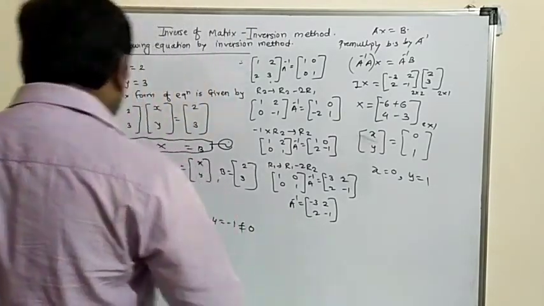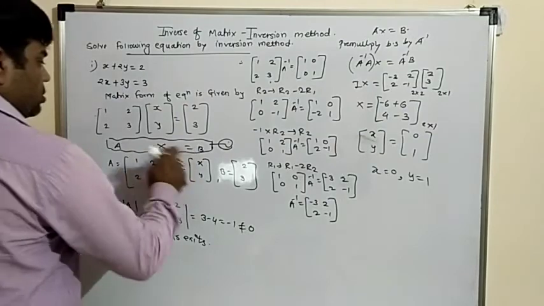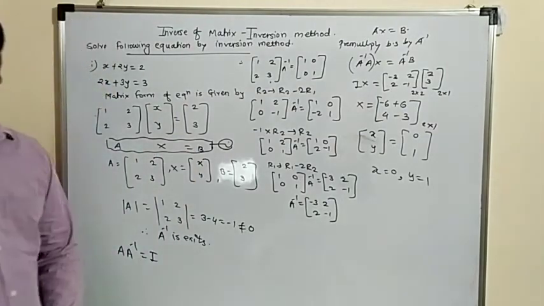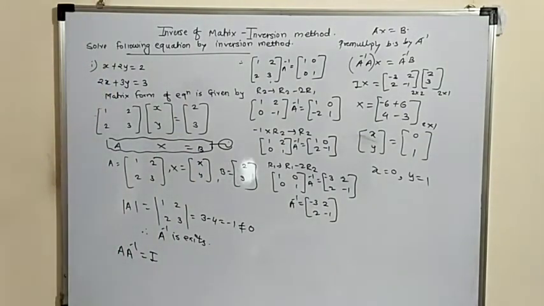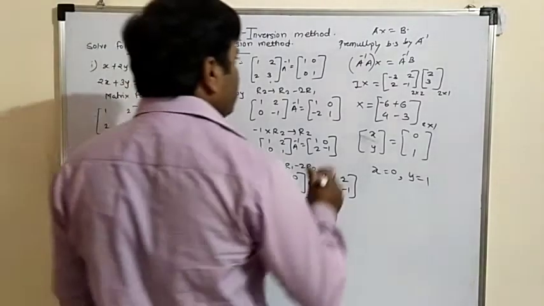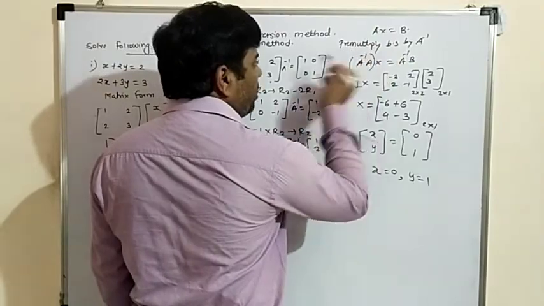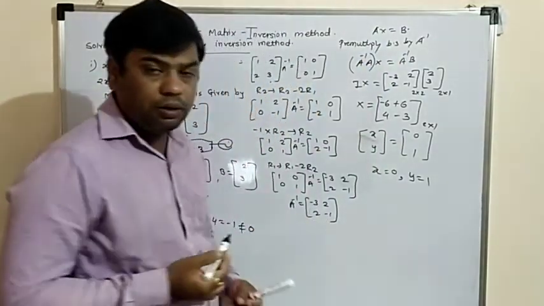Now we have the formula A into capital X is equal to B. So this equation is nothing but AX is equal to B. Now there are two types of multiplication, pre-multiply and post-multiply.